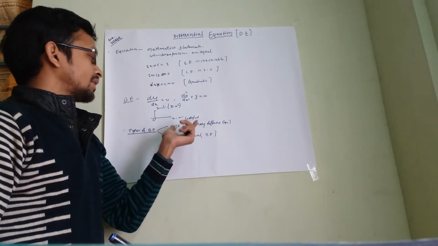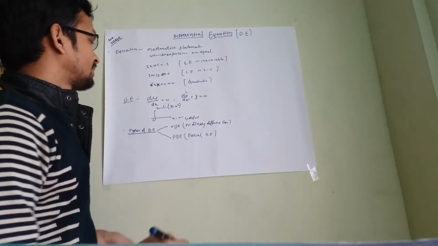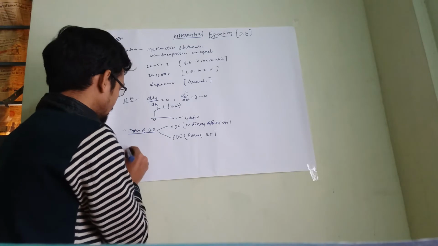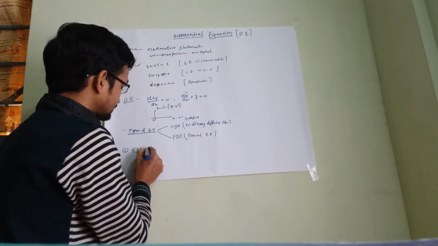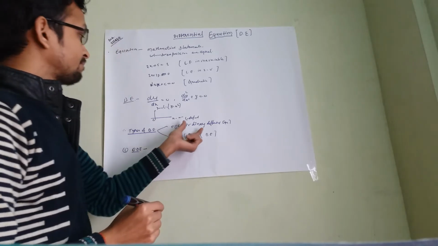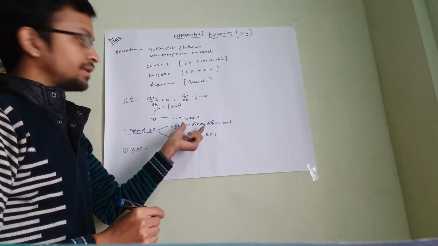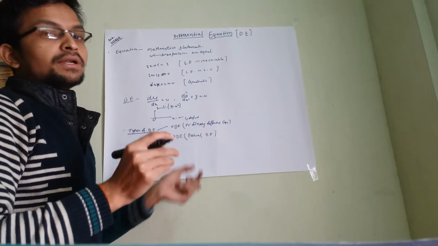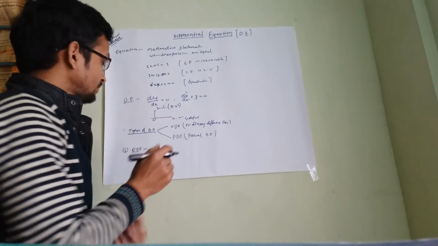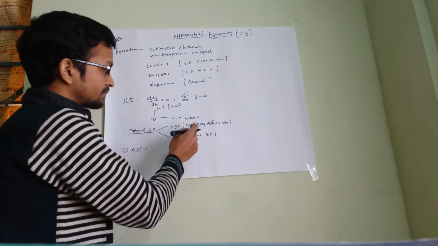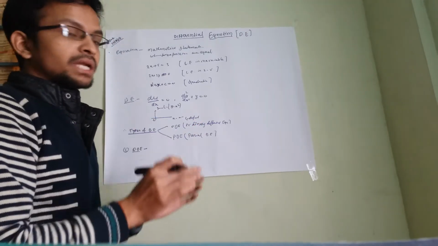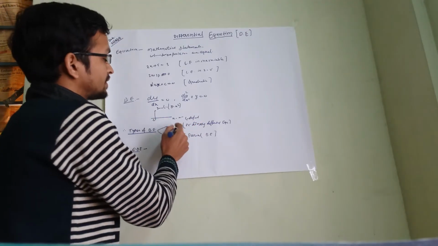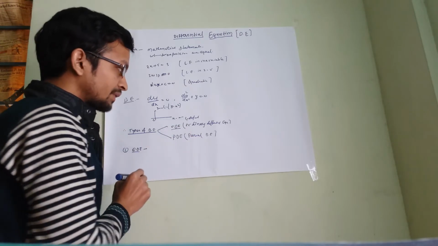Now we see what ordinary and partial differential equations are. When a differential equation involves derivatives of a dependent variable with respect to only one independent variable, then we say this is an ordinary differential equation.